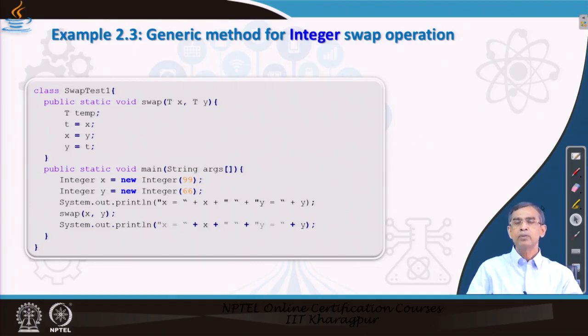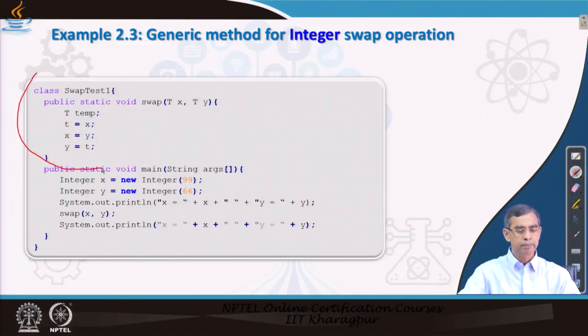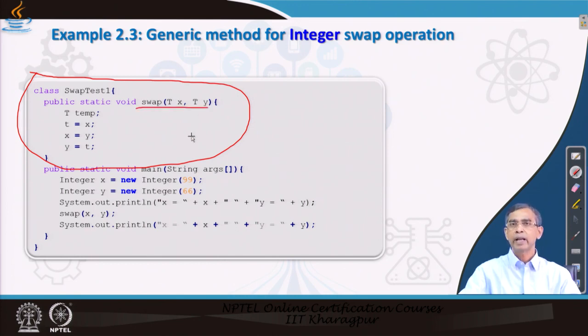Now, here I just want to give another quick recapitulation of the swap operation for different values. What I want to say here is, we can define the swap method generically. So, this is the generic declaration of the swap method, and once I do it then I can call this method for any type of value.